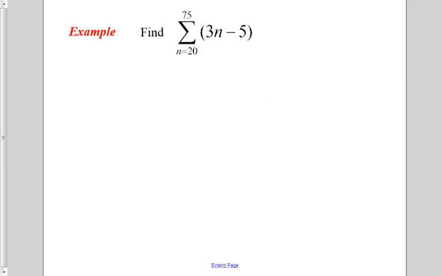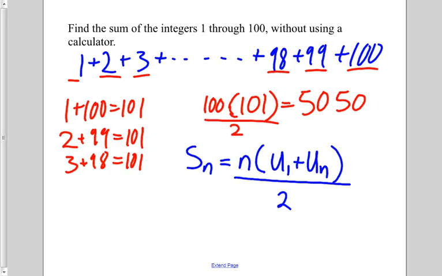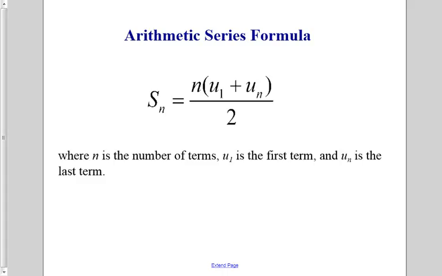Now our last example here is written in sigma form. We can read this as the sum of 3n minus 5 where n equals 20 to n equals 75. If we go back and look at our arithmetic series formula, we note we need u1.